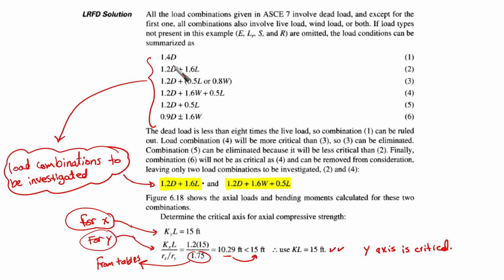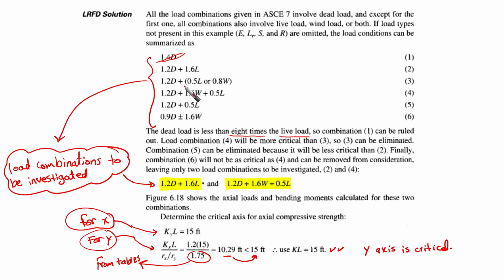As you can see here, 1.4 dead is not going to be the dominant or governing case as long as we have 1.2 dead plus 1.6 live, and as long as the dead load is less than 8 times the live load, so combination 1 can be ruled out. The remaining equations you can investigate.